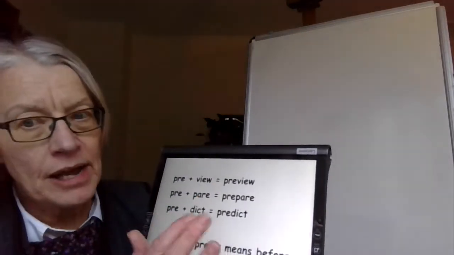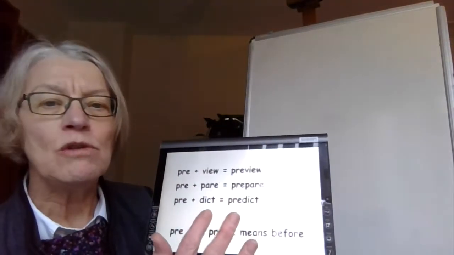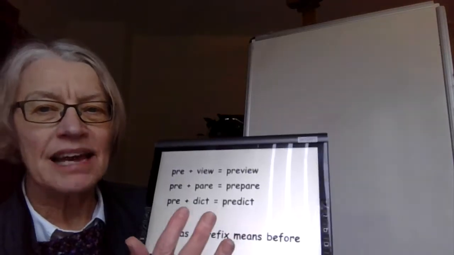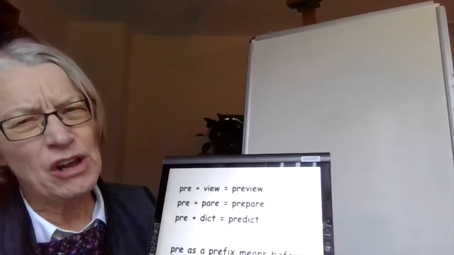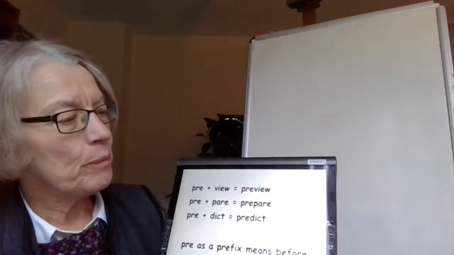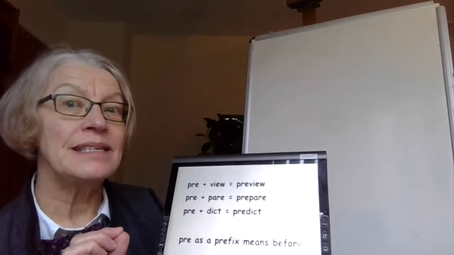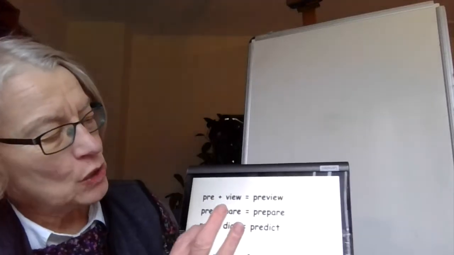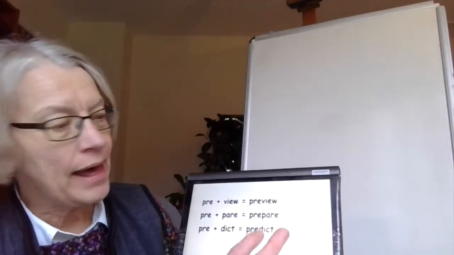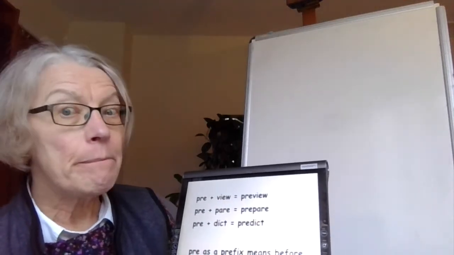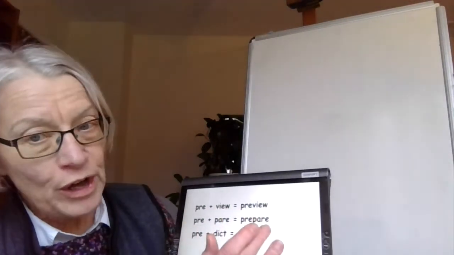Now you might notice that actually we don't use the word dict anymore. We don't use the word pair, or not very often anymore. So sometimes in English, we use the word with the prefix, like prepare and predict, but we don't use the word itself.